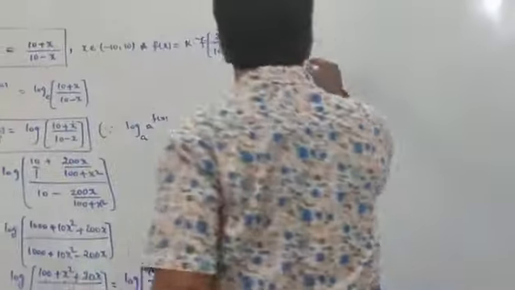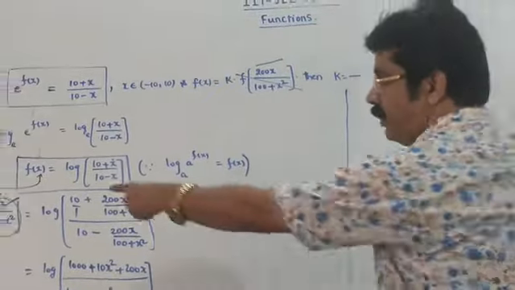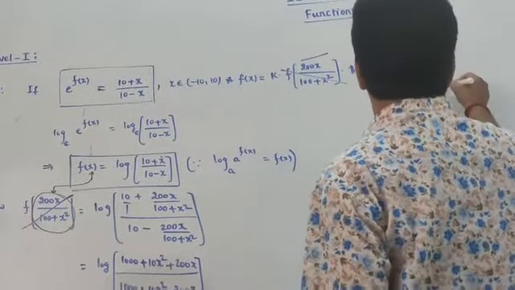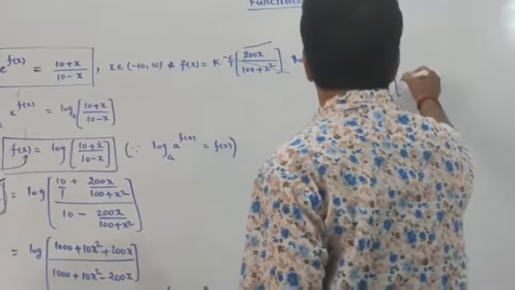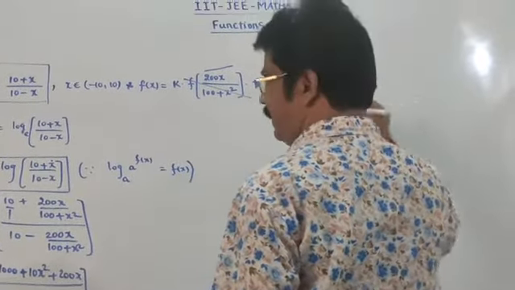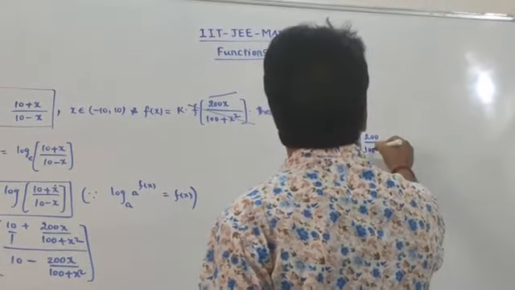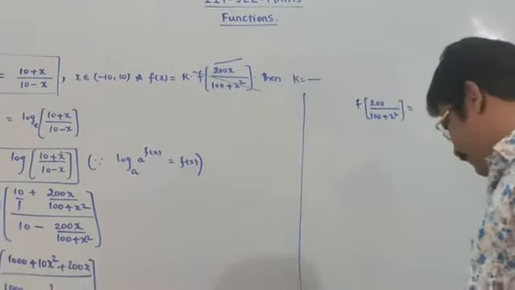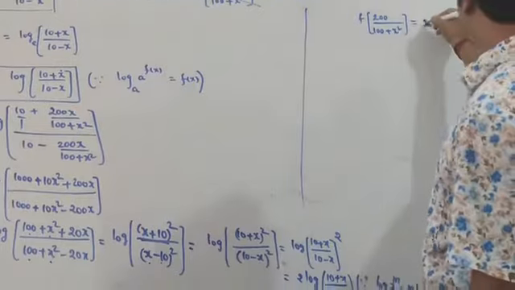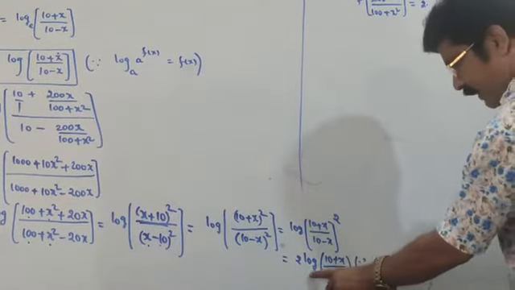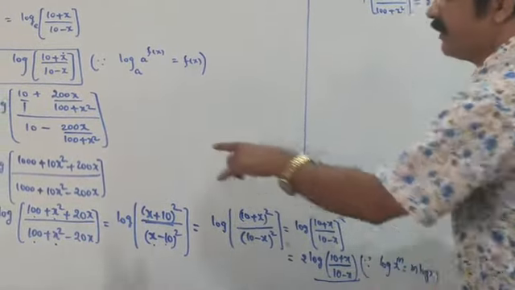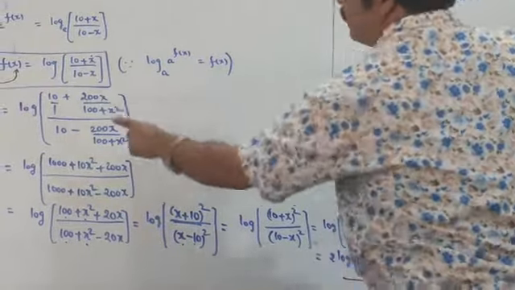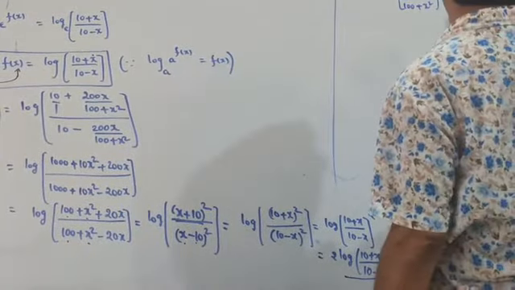Next, therefore f of 200 divided by 100 plus x square equals 2 into, it is again f of x, simplified f of x.